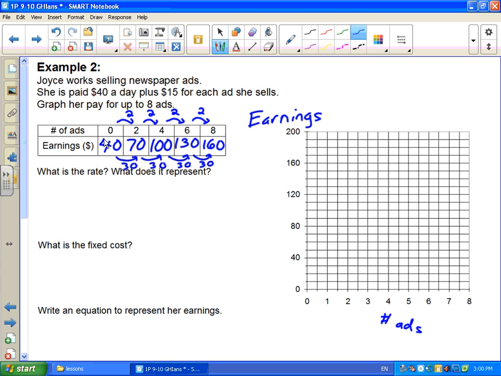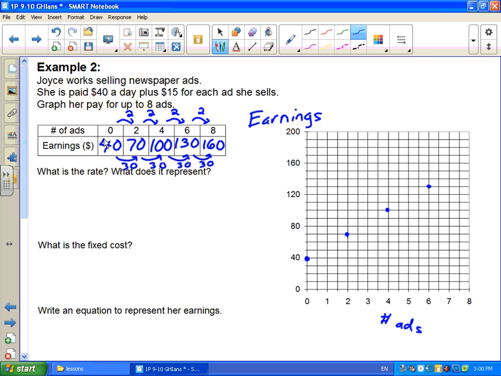So we can just plot these ordered pairs. 0, 40 is right there. 2, 70 is right there. 4, 100 is going to be right here. 6, 130 is going to be right there.